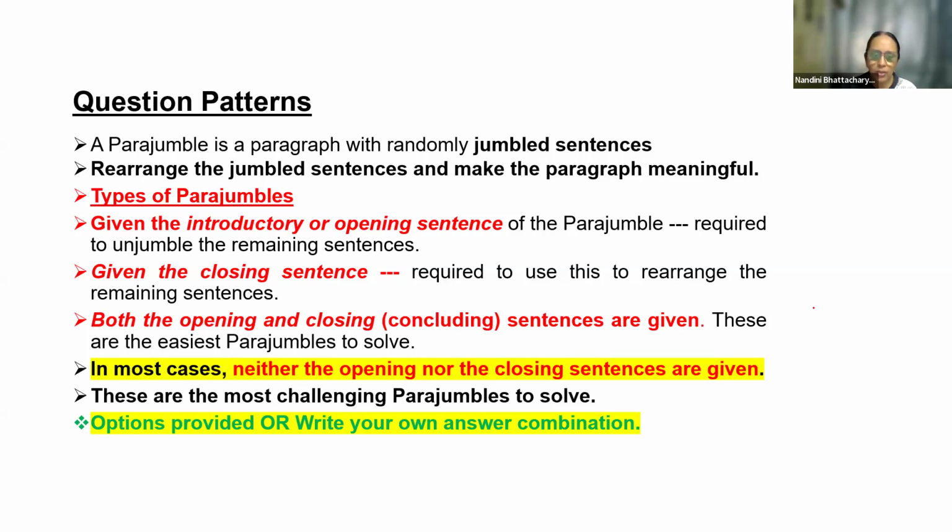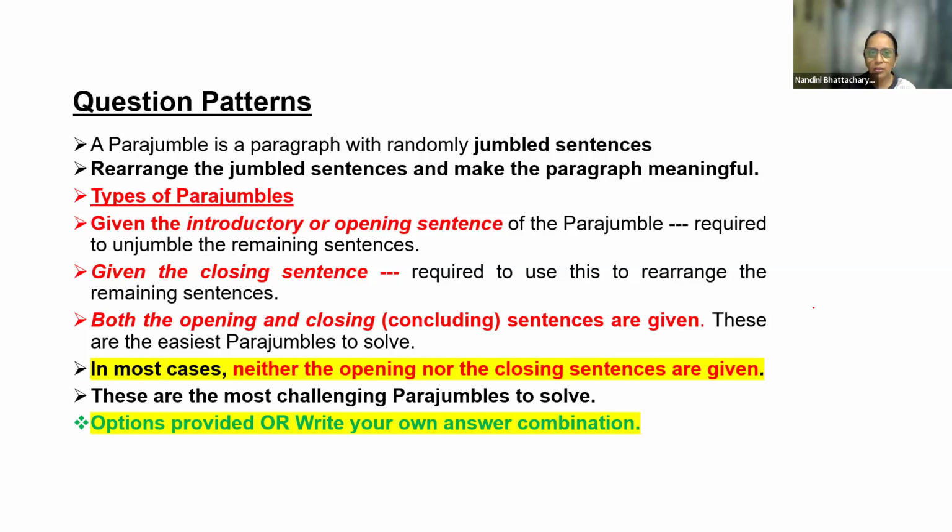Earlier, if you were looking for an opening sentence, all options for an opening sentence were given, or if you were looking at the concluding sentence, all options for a concluding sentence were given. So your strategy of choosing the sentence for opening or conclusion remains the same.